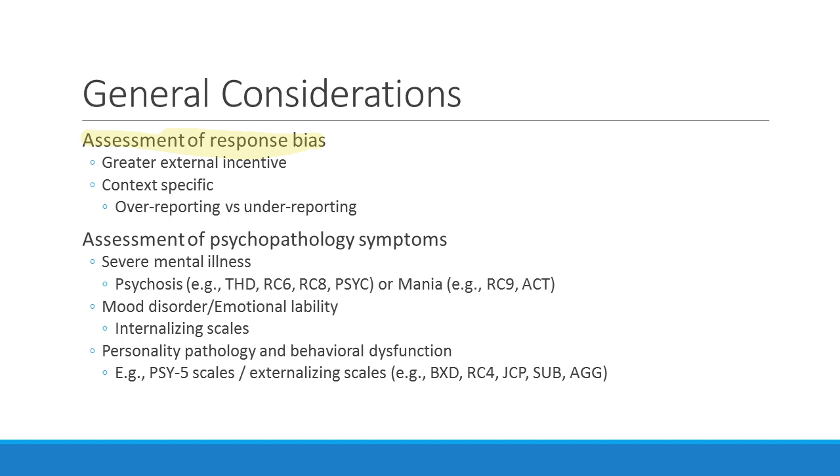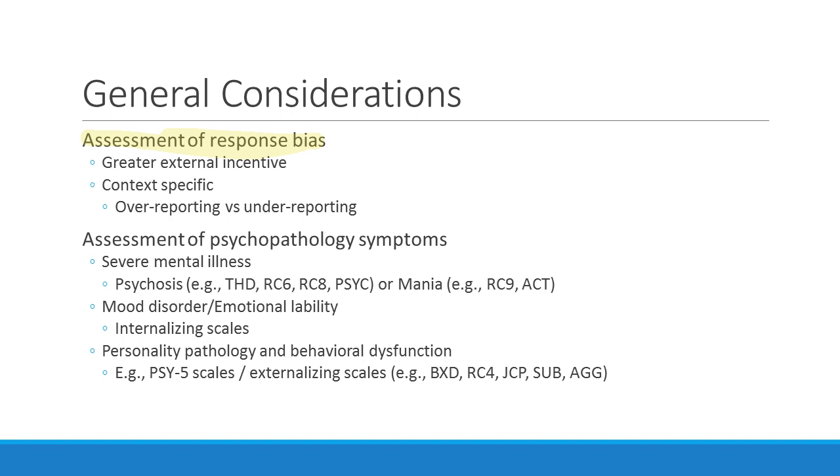In forensic psychological evaluations, individuals tend to have a greater external incentive to distort their responses to the MMPI-2-RF, but also to present themselves more generally in a distorted manner in the context of the evaluation. Individuals who go through an insanity evaluation, for instance, certainly might have an external incentive to be acquitted of their charges and placed in a hospital rather than going to prison.